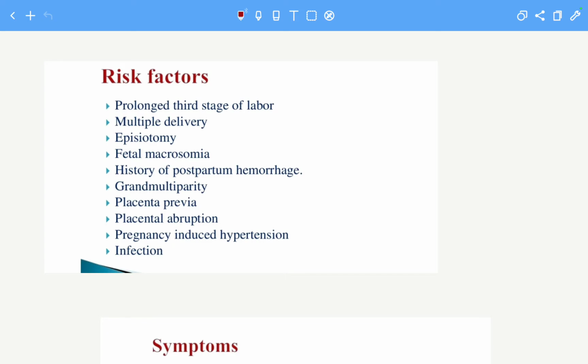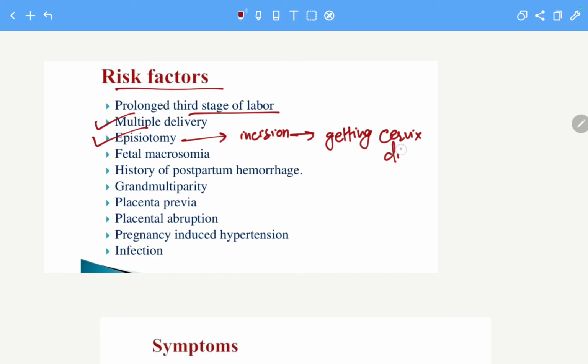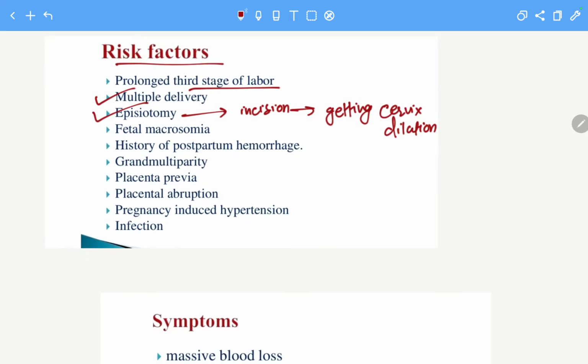That means the mother, we are talking about the mother that can act as the risk factor, or that may cause PPH after the delivery, right. If there would be prolonged third stage of labor, if the third stage is lasting very long, then PPH can happen, there can be bleeding even after delivery. If it is a case of multiple pregnancy, multiple delivery, then that can lead to PPH. Episiotomy, meaning we gave an incision, why, for getting more dilation, for getting more cervix dilation. Okay, that can also lead to the PPH.